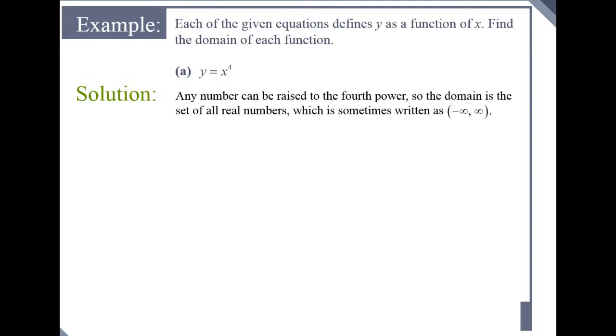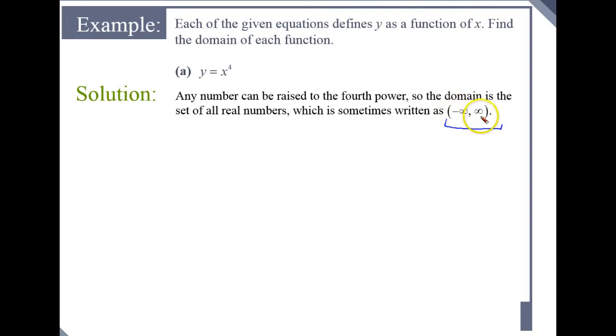Now, when we write this, sometimes it's written as I just gave you in set builder notation, and sometimes it's written in interval notation. And this is what it looks like in interval notation.